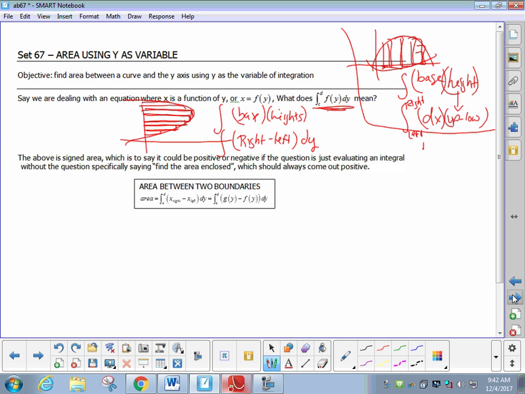Now here's the next change then. If I'm integrating with respect to y, then the limits of integration shouldn't be about the left edge or the right edge of the x region. It should be about the low and the high, or the y region. So when you integrate with respect to y, it's right minus left dy from low to high. That's pretty much what this is, all right?